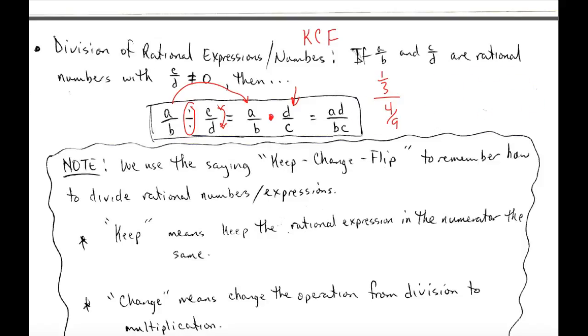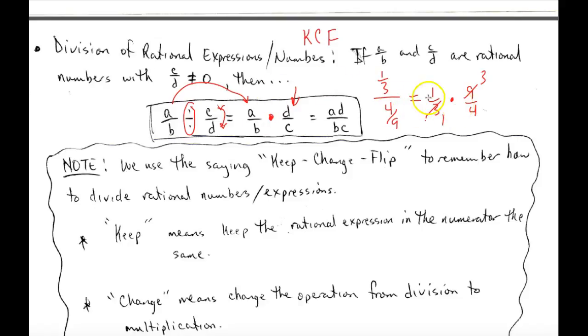All right, so in this example, we'll do everything the same, which is we'll keep the first fraction the same, change the operation to multiplication, and now we will flip or take the reciprocal of the bottom fraction. And so now you see here the 3 and the 9 both have a common factor of 3.